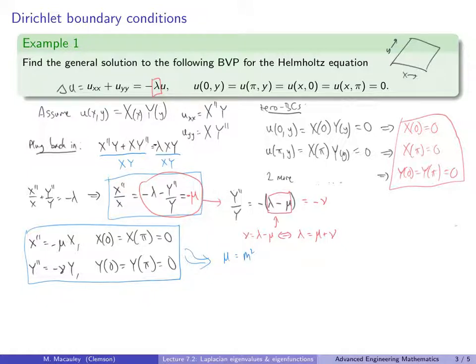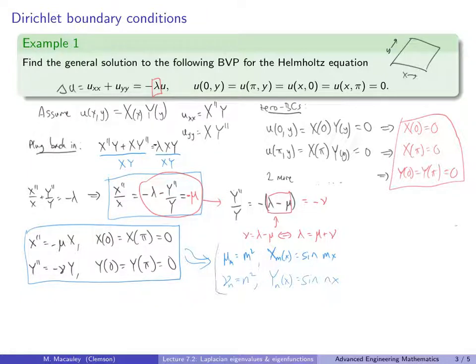I'm going to call that mu sub m. And X sub m of x equals sine of mx. So I'm just using m instead of n, because I'll use n down here. And similarly, nu is equal to n squared. I'll call that nu n. And Y n of y equals sine of ny.